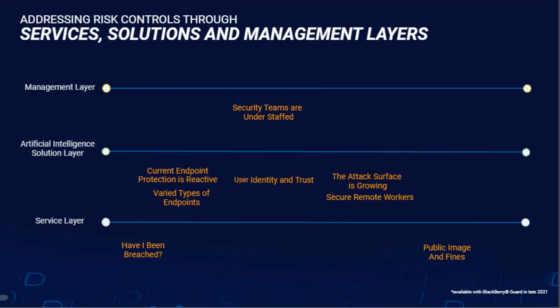So to solve for the reactive nature of endpoint protection and to support your desktops, laptops, servers, and mobile devices, we have our product, BlackBerry Protect. That's the antivirus solution. That's one of the most mature AI-based products that you can potentially find on the market right now.